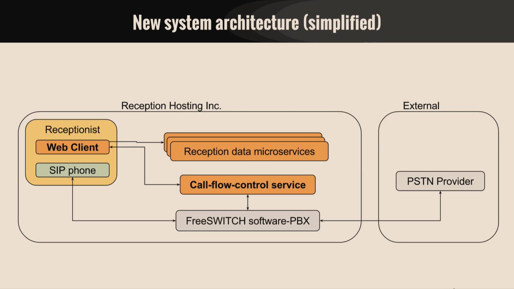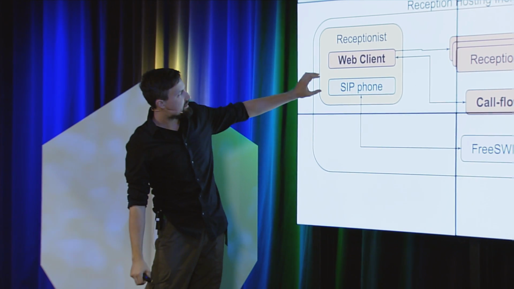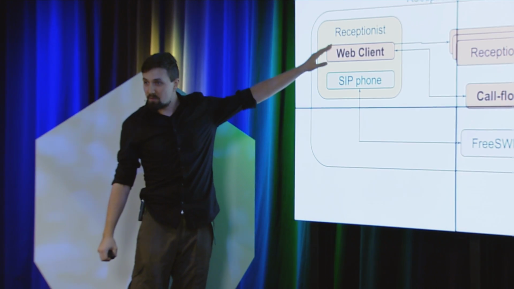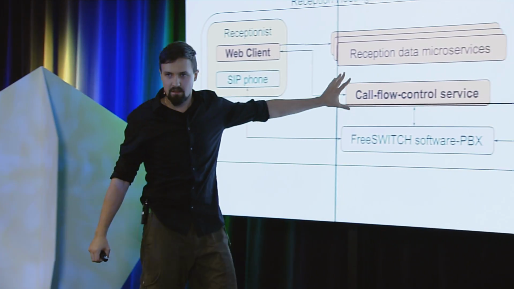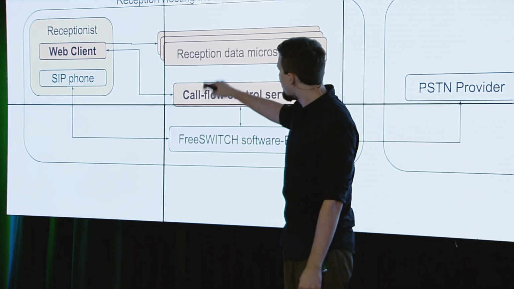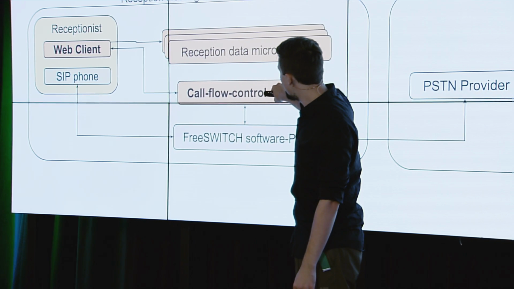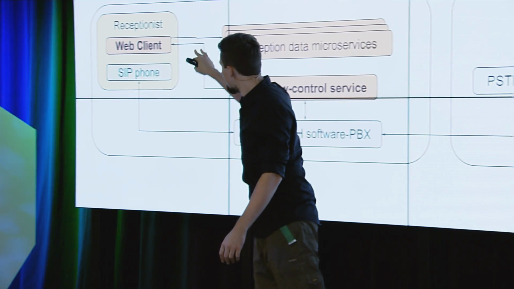Receptionist over here should be viewed as a receptionist desk. Every receptionist has a web client and a SIP phone. Notice there is no communication between these two. Every synchronization needs to happen here. So updates to the web client are sent from here, actually through a notification service, but that doesn't really matter, to the web client.